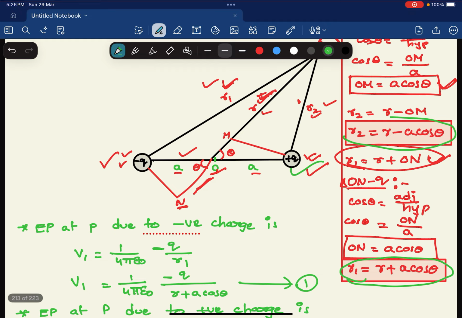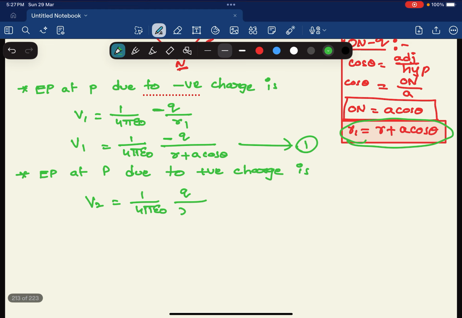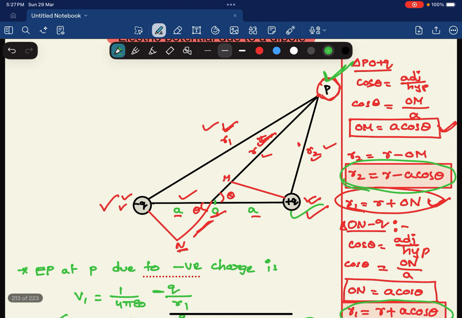What is R2? R2 means R minus a cos theta. Directly I'm writing here R minus a cos theta. Let us assume this is equation number 2. So finally I got the V1 value as well as the V2 value. So based on this V1 and V2, directly we can calculate net potential at point P.